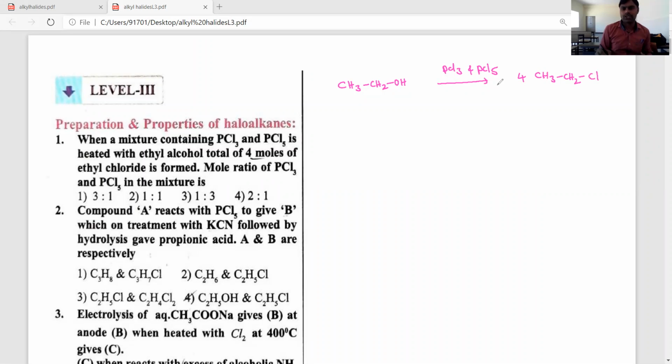Then what is the ratio in which they reacted? Here 4 moles are forming, meaning they react with 4 moles of CH3CH2OH. Then what is the ratio of PCl3 and PCl5?